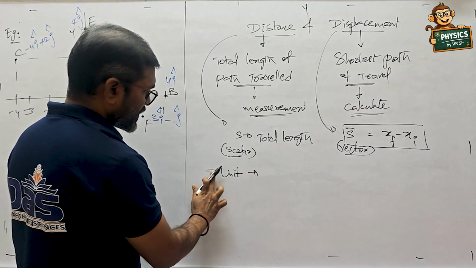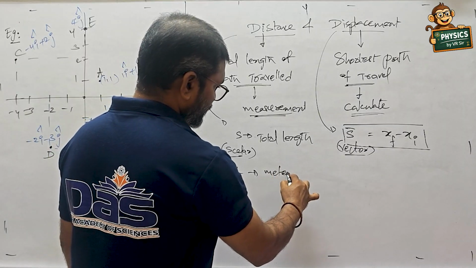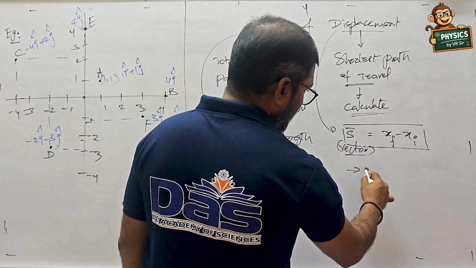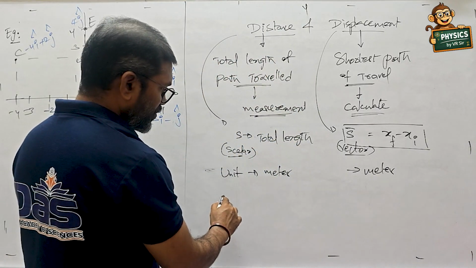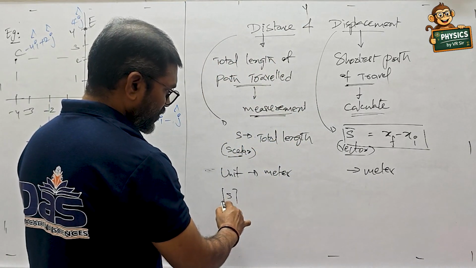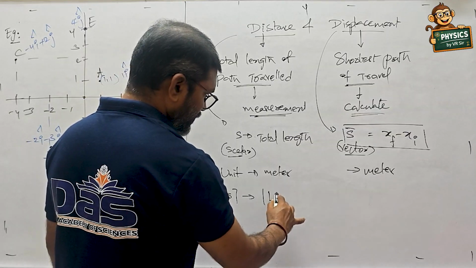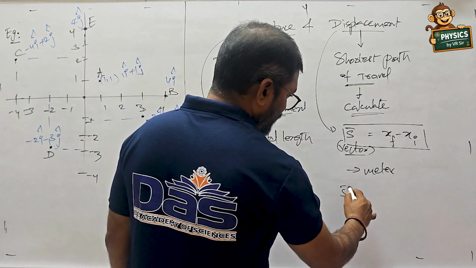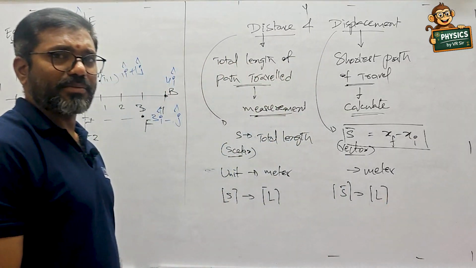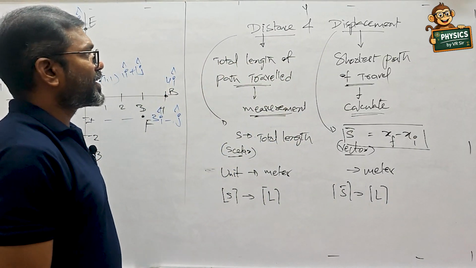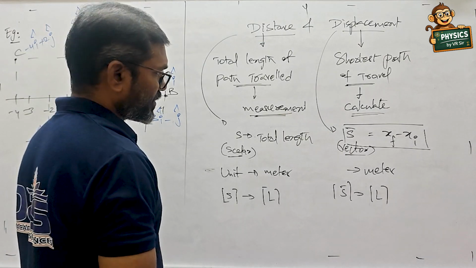So, unit of this distance is meter, and this is also having unit meter. They have the same units. And what about the dimension? Dimension of distance is nothing but L, and dimension of displacement is same as L.